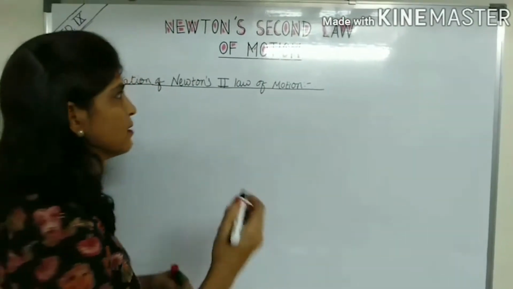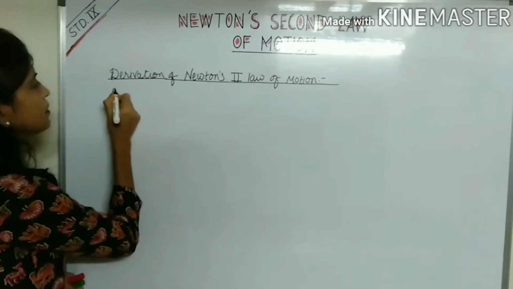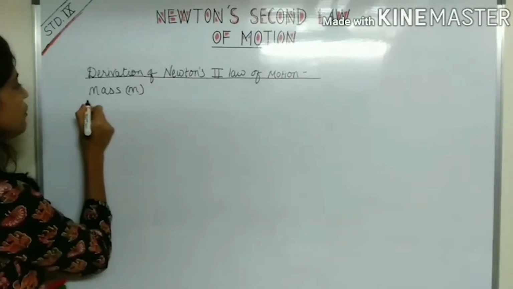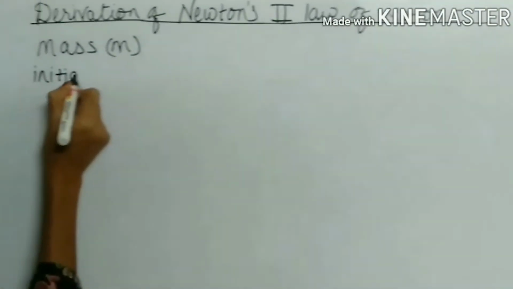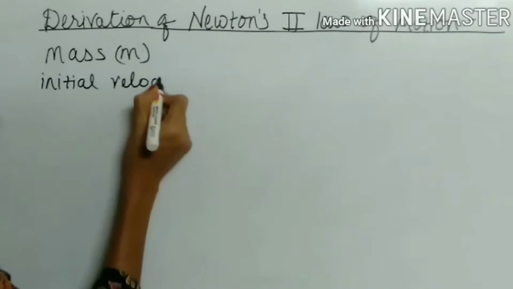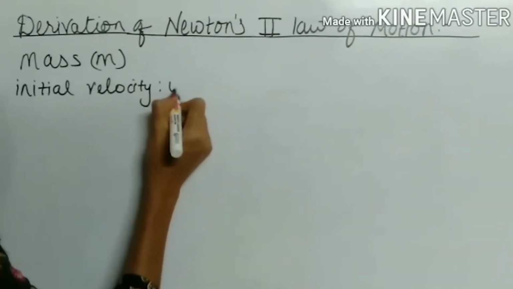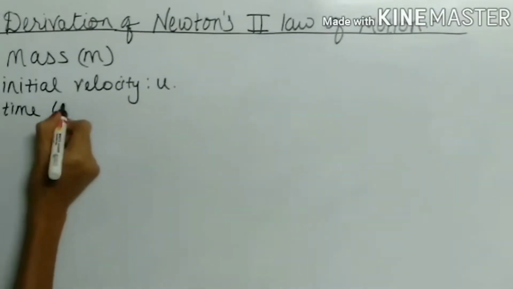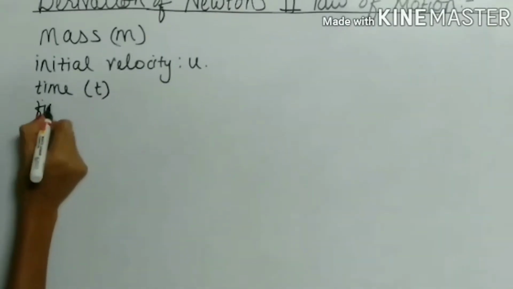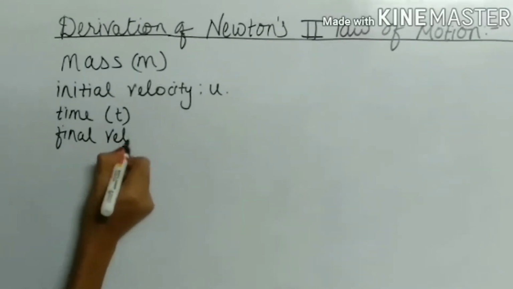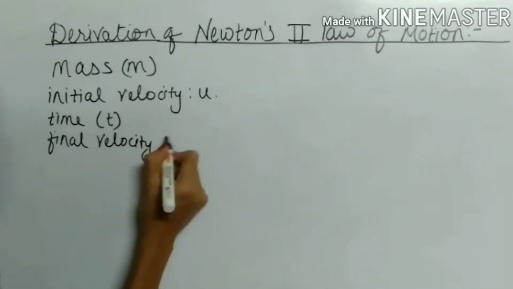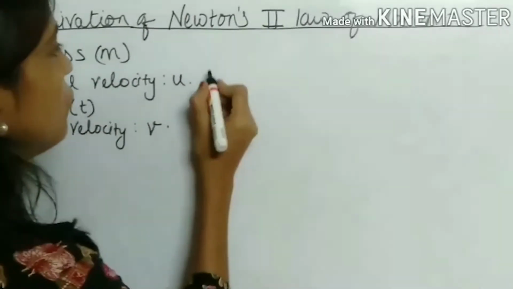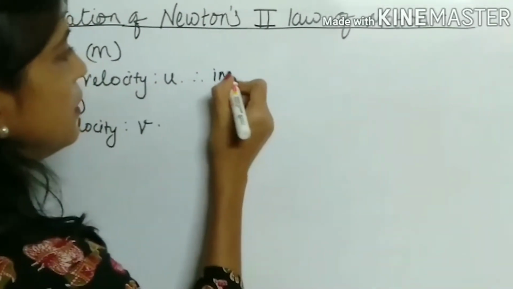For that, let us consider a body of mass m moving with initial velocity u. In time t, it attains final velocity, say v.